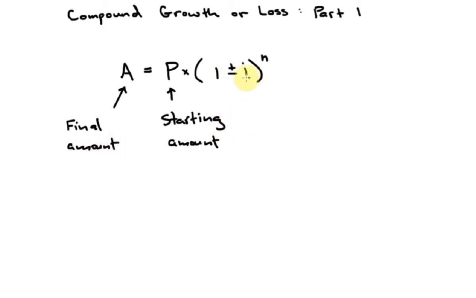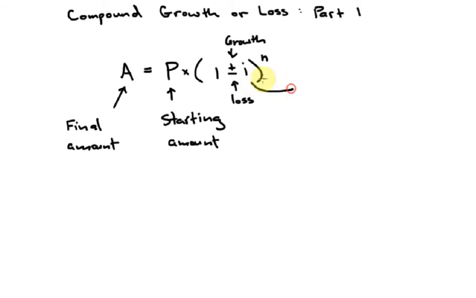In the brackets, we have a 1 plus. It's plus if it's growth, if your population increases. But if you lose, like your population was going down by a certain percentage each year, then we're talking about a loss, and then we'd use the minus.